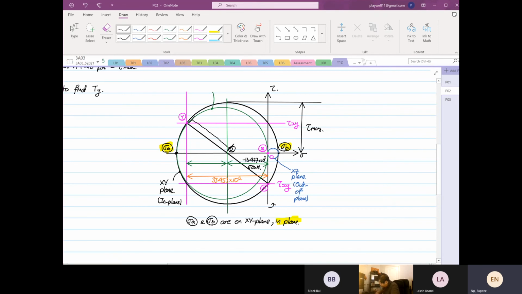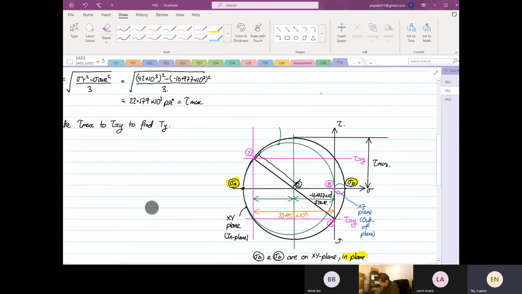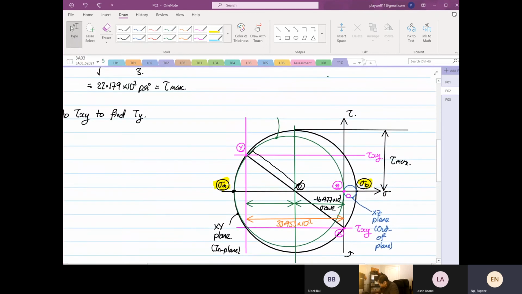The distance from here to here we found out, which is equal to 22.179 times 10 to the power 3, right? So now all we need to do is to find this height.